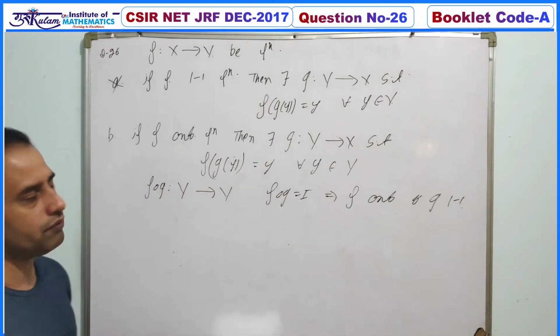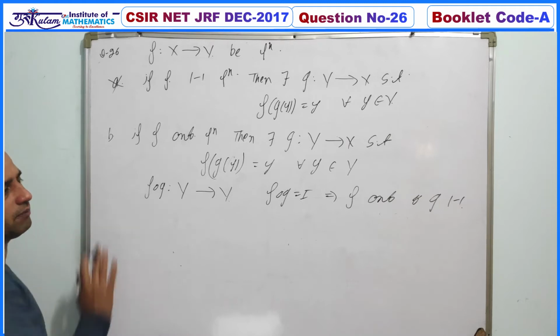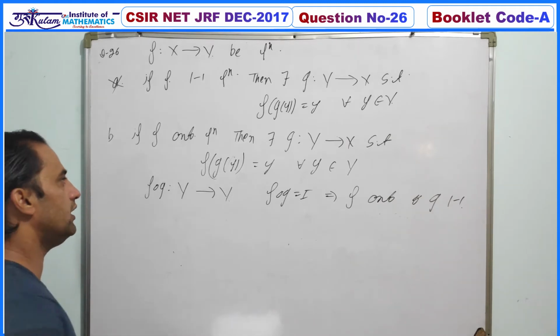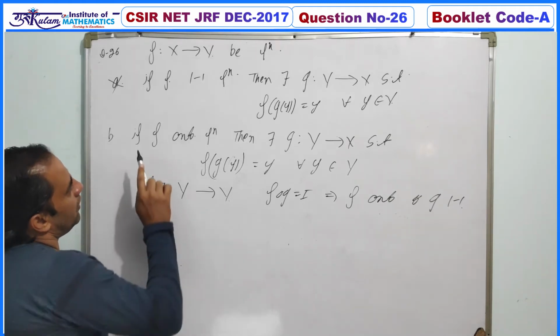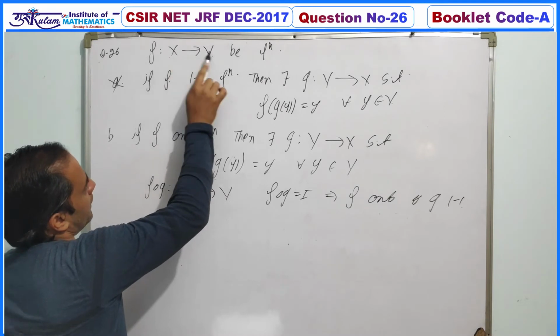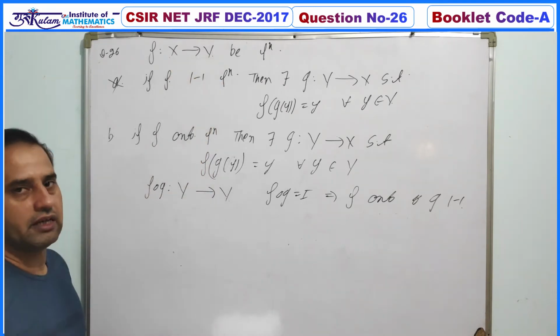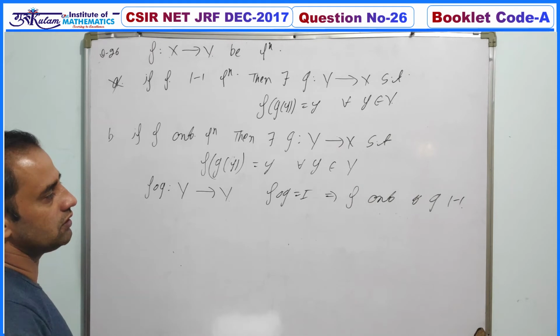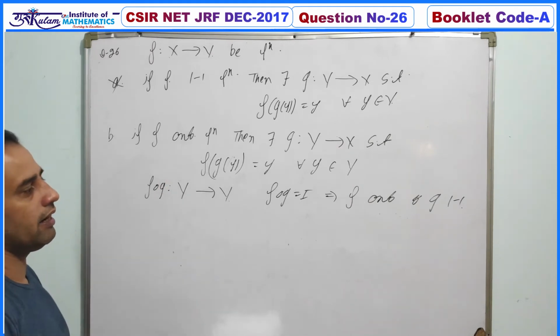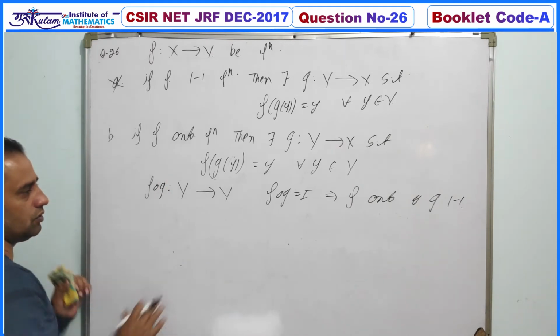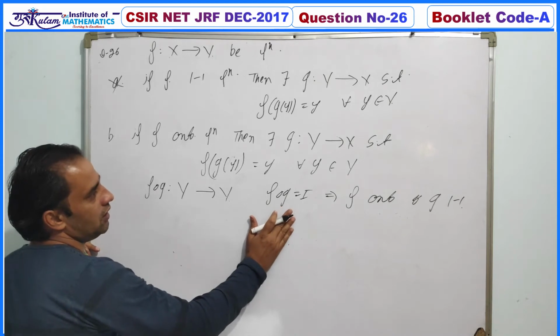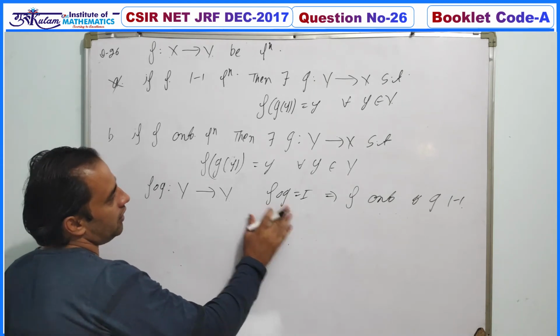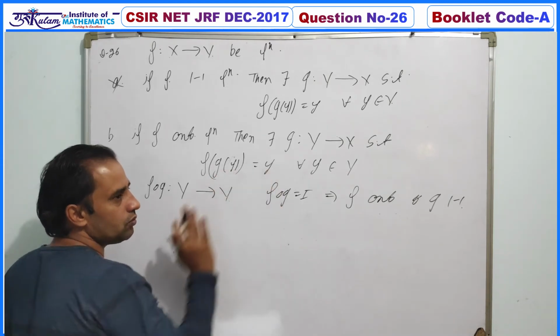Already f is onto, as given, so this case can be possible. We have already discussed that if f is a function from X to Y which is onto, then there must exist a function g from Y to X which is one-one. So we have to construct g such that g is one-one and f of g should be equal to the identity.